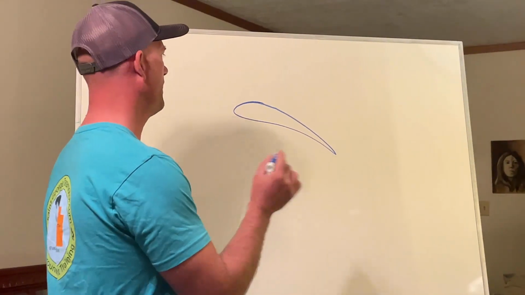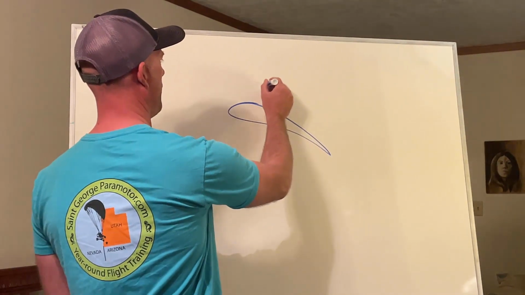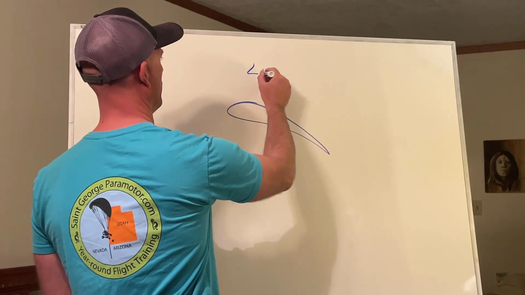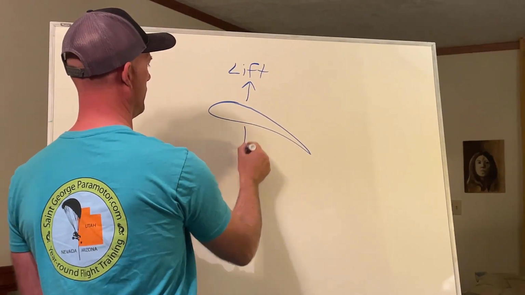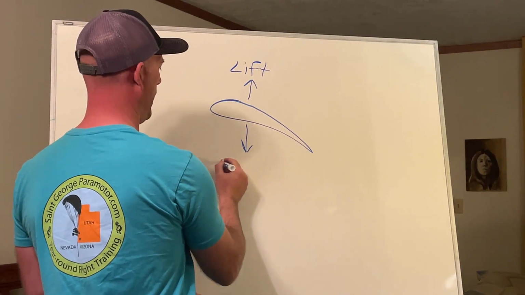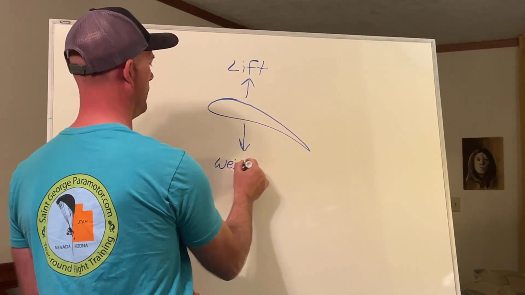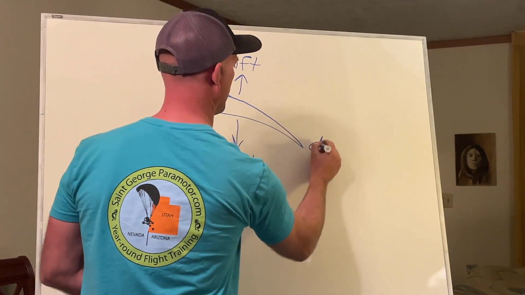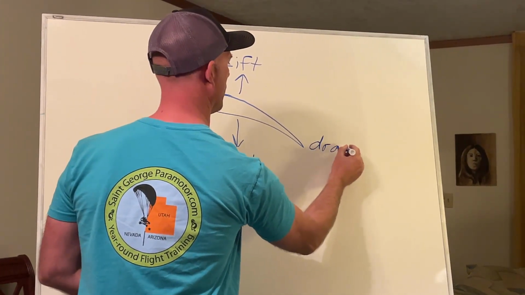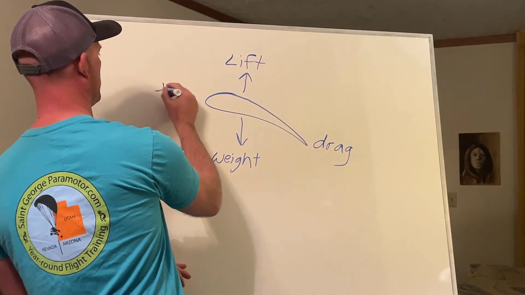So the aerodynamics of flight, up here we have what's called lift. Down here we have weight, where the pilot is. Back here we have drag. And up here we have thrust.